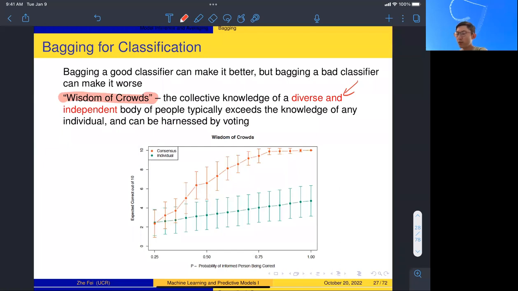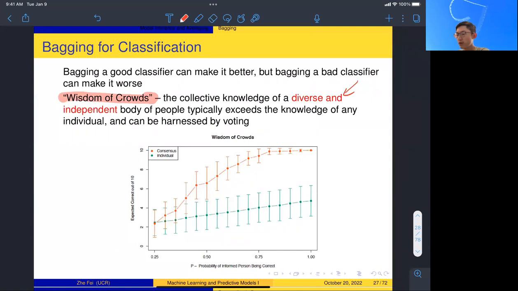For example, with the Republican versus Democrat parties, maybe within the party the opinions are less and less diverse, more clustered around the same idea. So when your body of people becomes less diverse and not independent, this wisdom of crowds does not hold anymore.